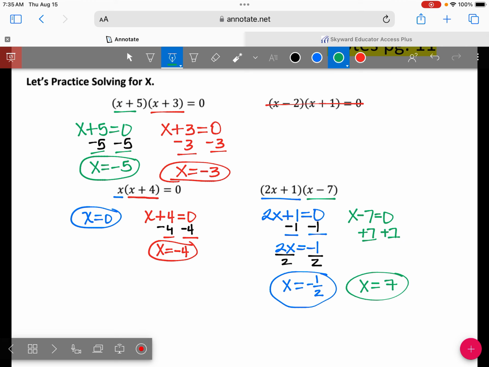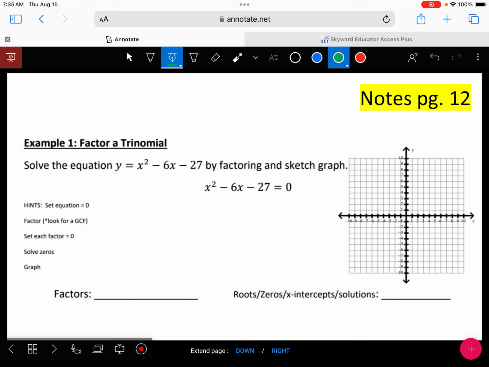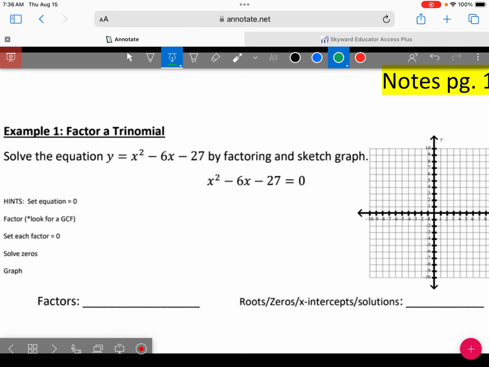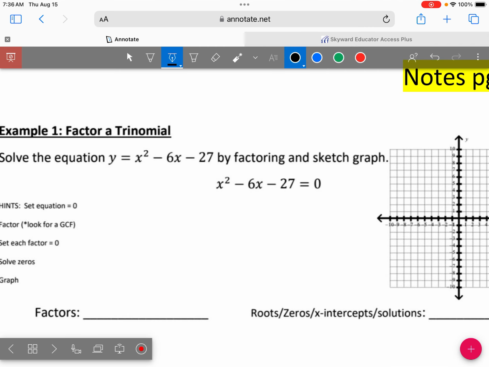So now let's go to page 12 and start graphing. So the first thing we need to do, we're not going to make a table for this one. So the first thing we need to do is we're going to factor this.